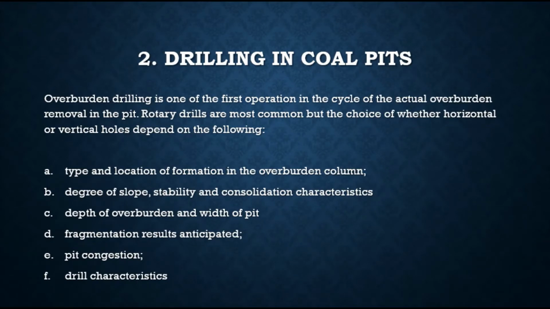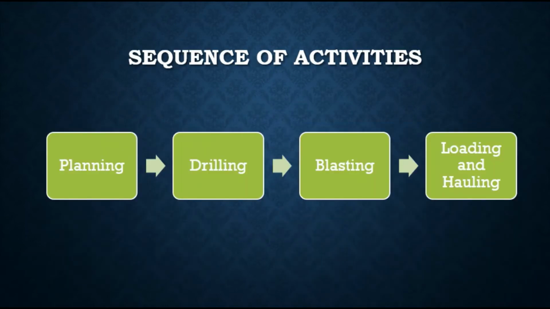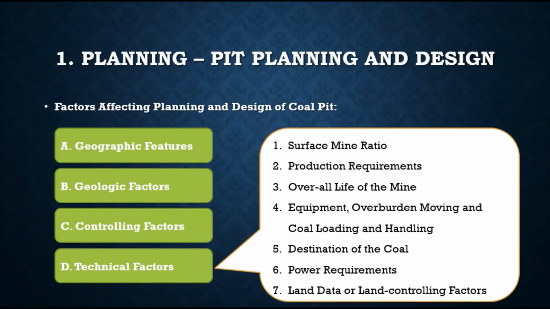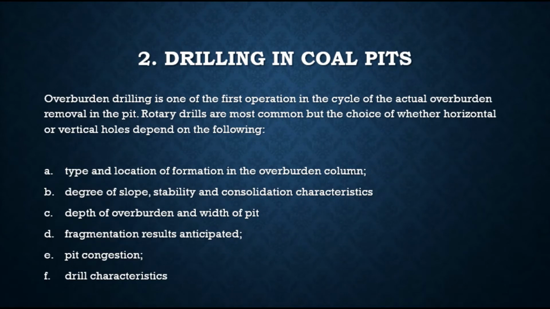So next sa sequence of activities for surface mining, we have the drilling in coal pits. So, sa drilling is kasali dito yung overburden drilling. So, ito yung pinakauna na operation sa cycle ng actual removal ng overburden natin. Okay?